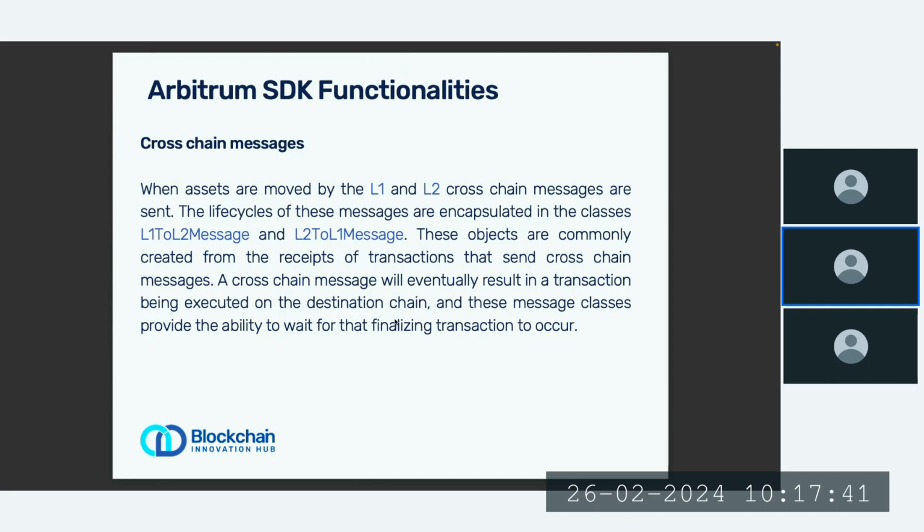But we just need to understand that when assets are moved, cross-chain messages are also involved. They are sent, and they eventually result in a transaction being executed on the destination chain. So you can know when transactions are executed on the destination chain to return the success status for you.